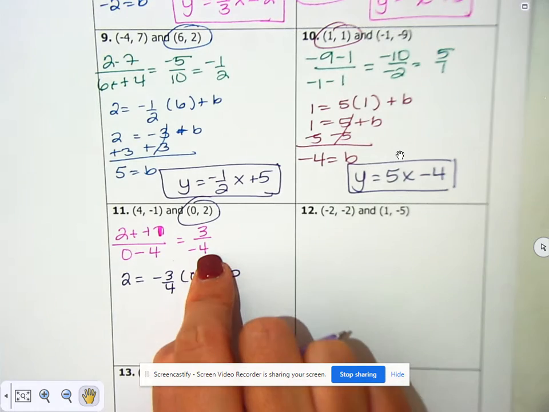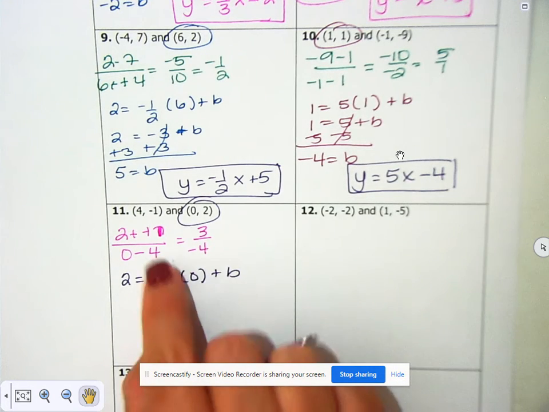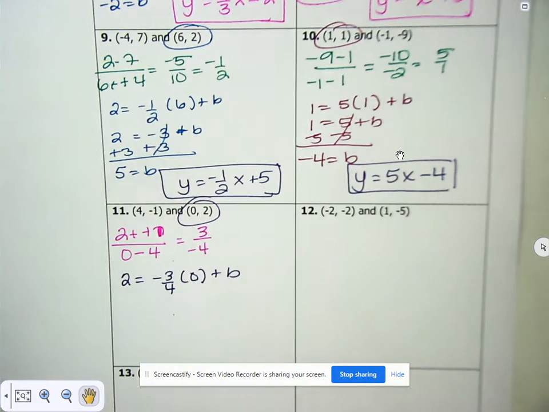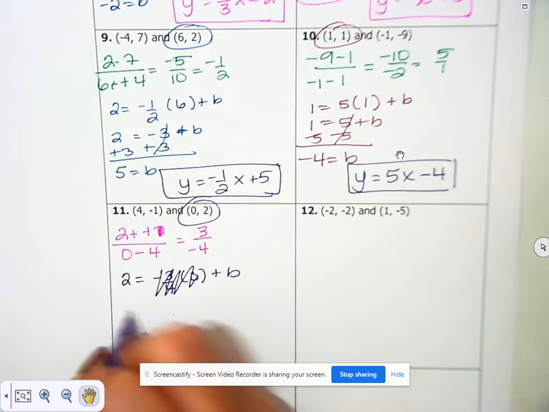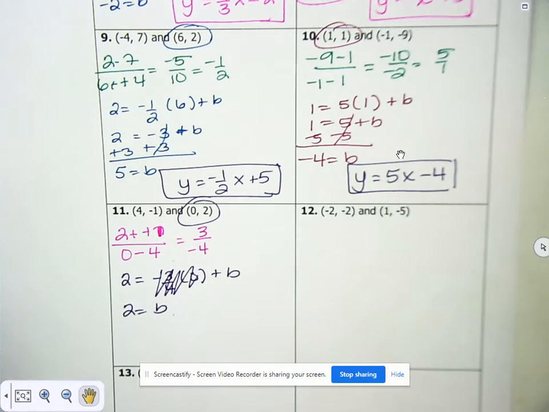Okay, so remember, the negative was on the bottom here, but it doesn't matter top or bottom. I always put my negative on the top. 0 times anything is going to cancel out, so my 2 is my B here.